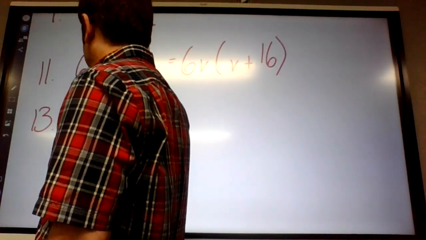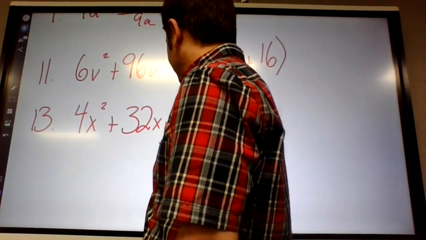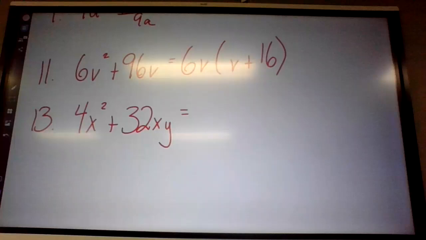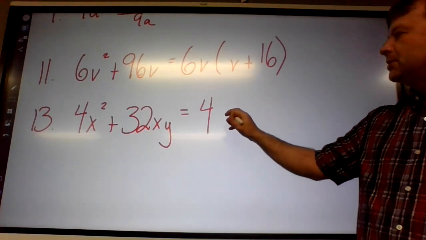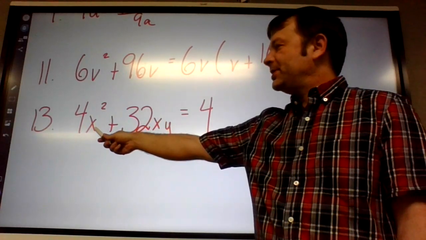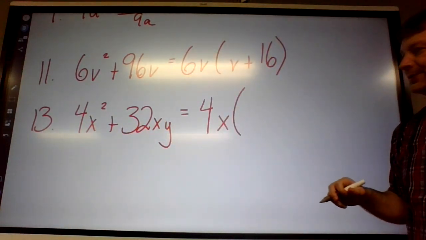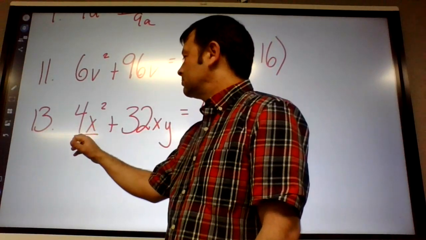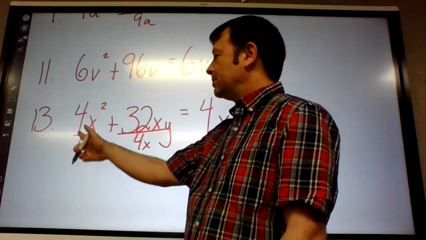All right, it's starting to change a little bit on the back. Just a little bit at a time. All right, Draven, what do you think? I say we divide them both by 4 and X. Yeah, this one doesn't have a Y, but they do both have an X. Okay, what's going to be left over here?